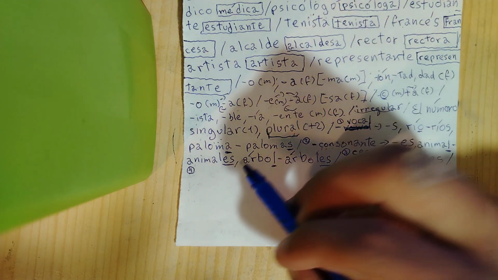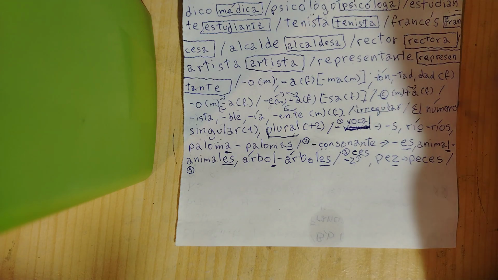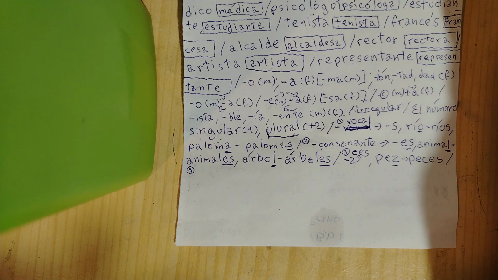They don't end with s or es, right? So they seem to be singular, but in reality, they are plural, in the sense that it's a word that is talking about more than one, right? Not one, but more than one thing.